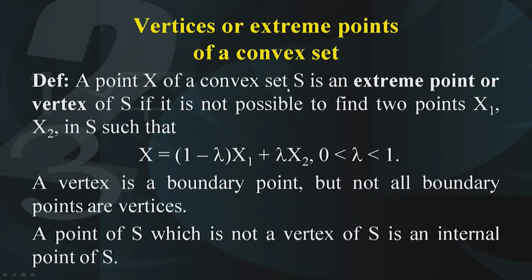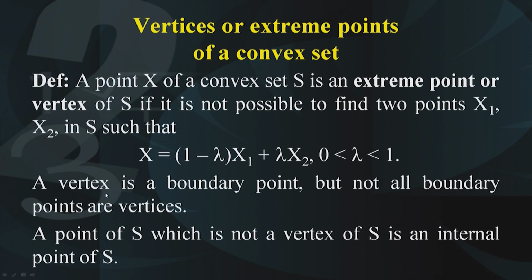A point x of a convex set S is an extreme point or a vertex of S if it is not possible to find 2 points x1 and x2 in the set S such that x is equal to (1 minus lambda) x1 plus lambda times x2, where the value of lambda lies strictly between 0 and 1.